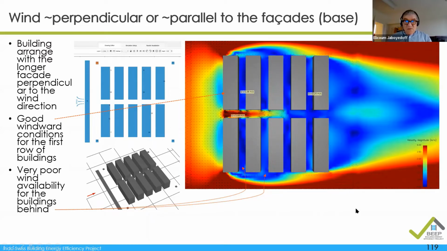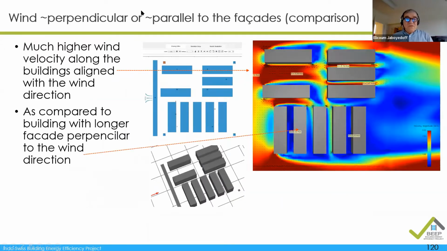So now if we try to play a little bit with the arrangement of buildings without changing the buildings themselves, neither in shape, neither in height, just to show, we can see here for the same condition of plot and the same simulation, you can see that the buildings which have been rotated and turned parallel to the wind with a longer facade, they are getting a much better wind velocity along the facades.